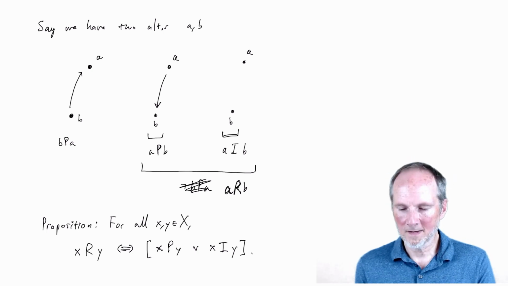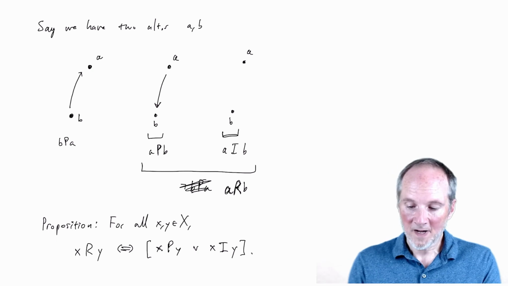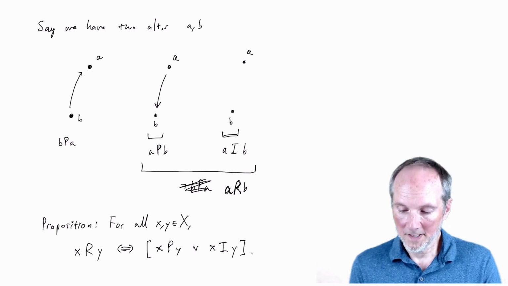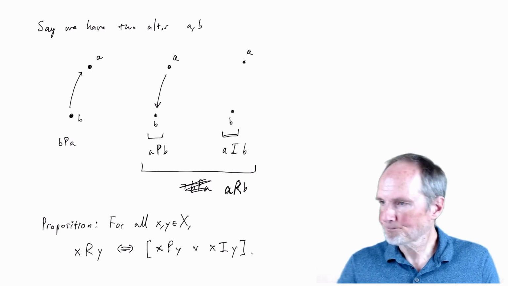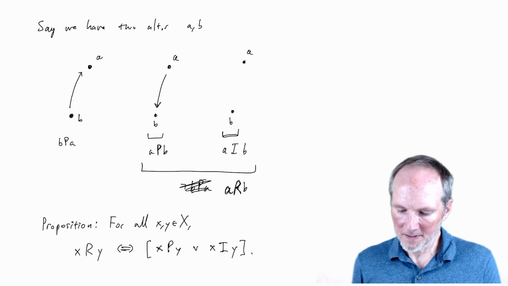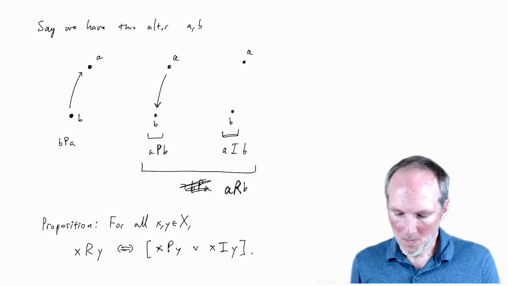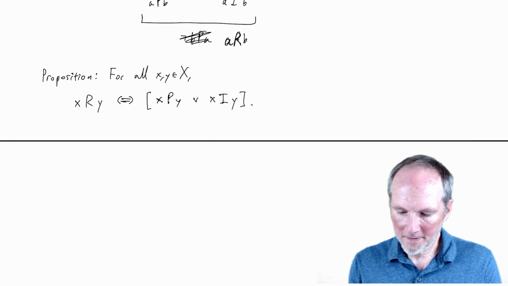Okay, I'm writing that in logical notation, but it really is just formalizing the picture above. So that's kind of connecting all three of these relations. We can deduce different properties of these relations. Well, let me just give a couple.